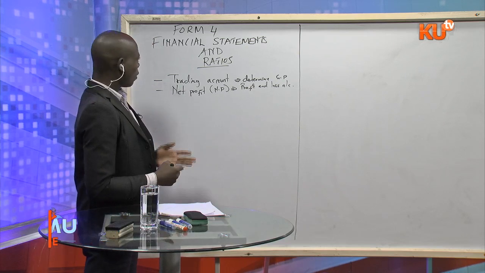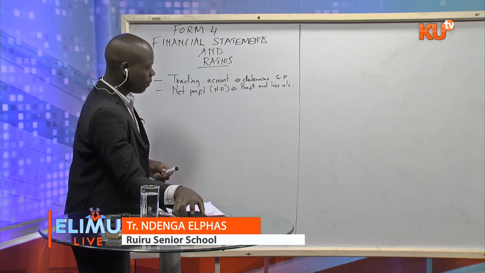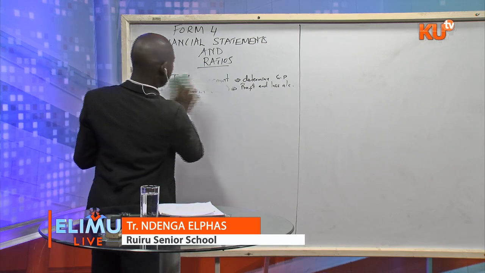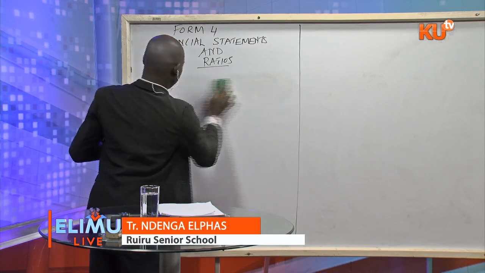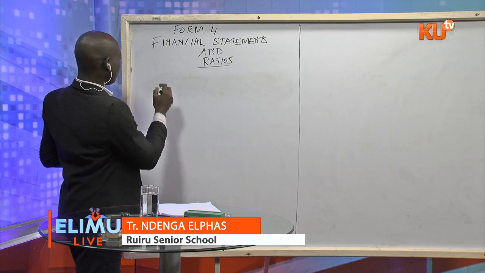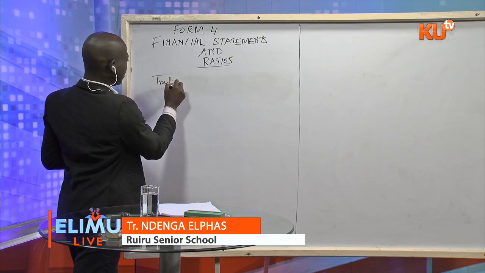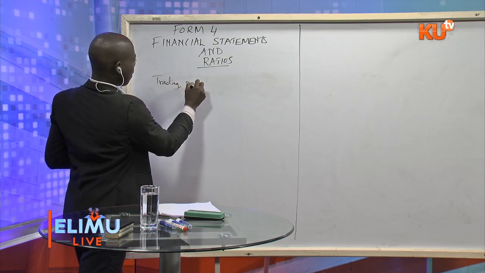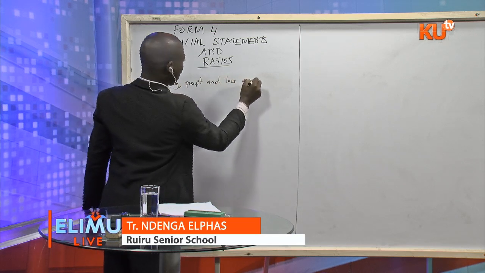Today we want to finish up on this financial statement by preparing one of the very important statements, which is mostly tested in Business Studies Paper 2. So in our lesson today, we want to put our concentration on what we call the trading profit and loss account.